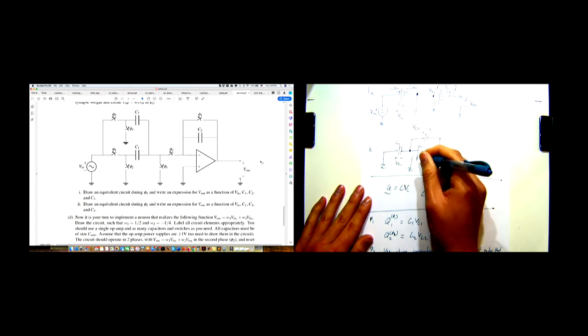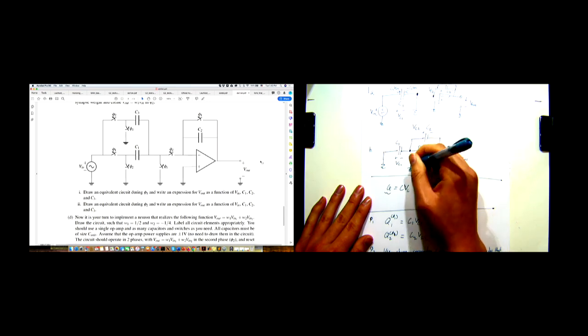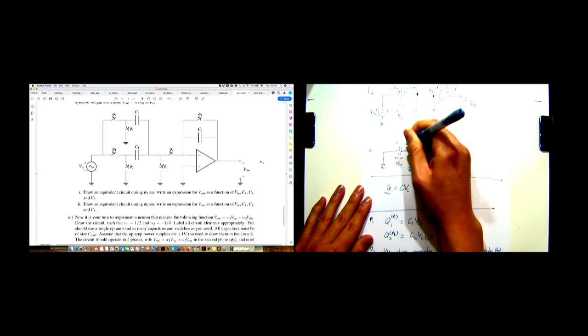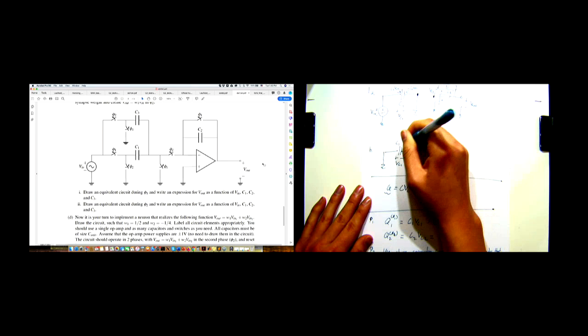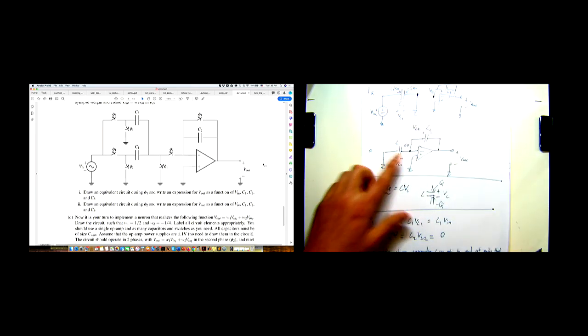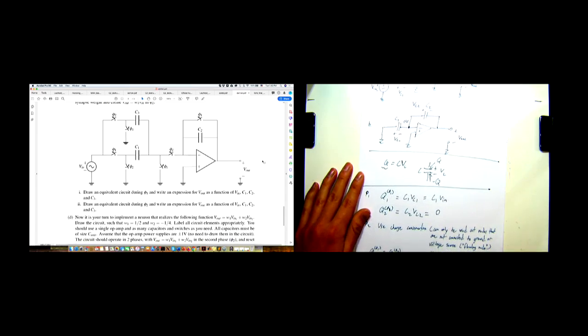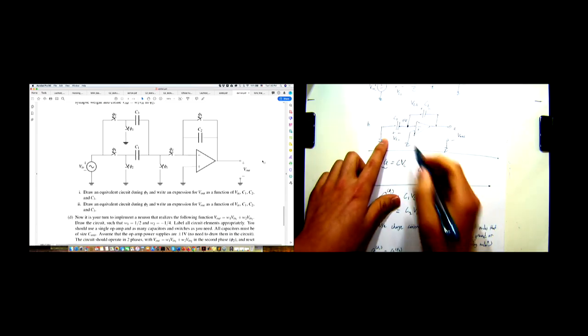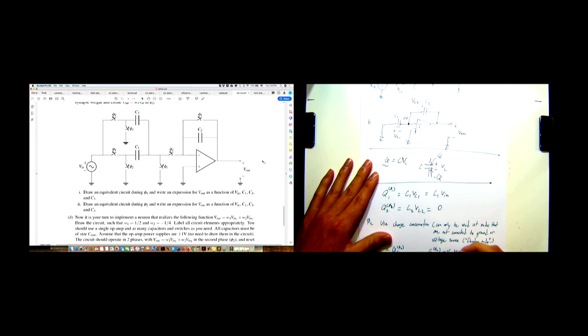And so the voltage at the positive terminal is 0, so therefore we have 0 volts at this node. And so then we see that VC1 on the left is 0, on the right is 0, so it's 0.